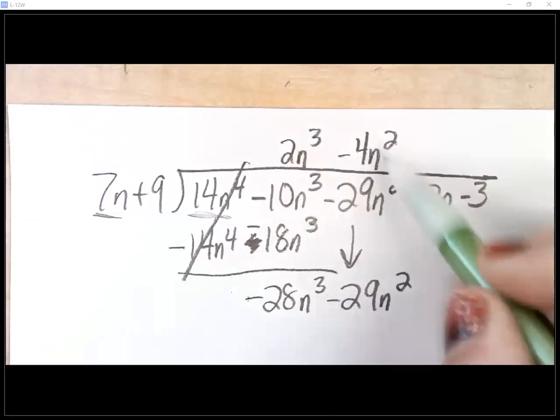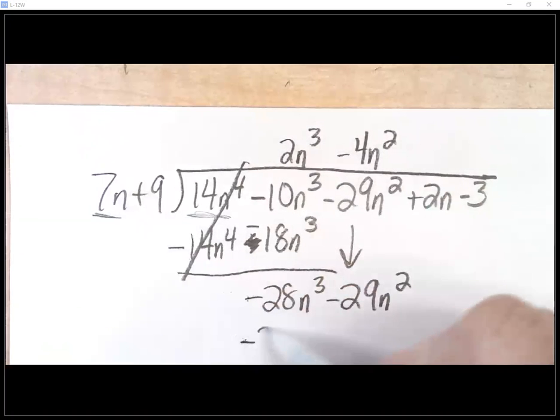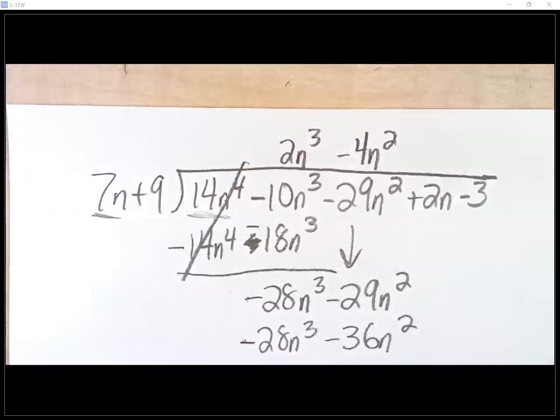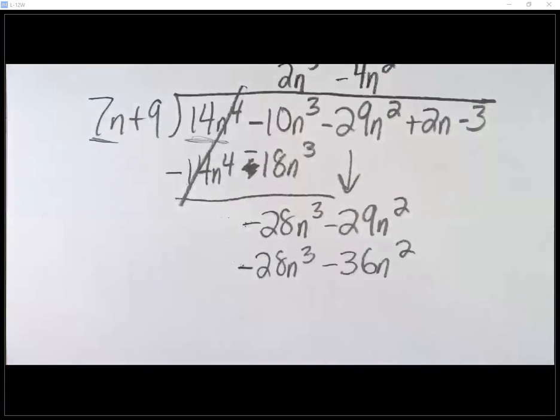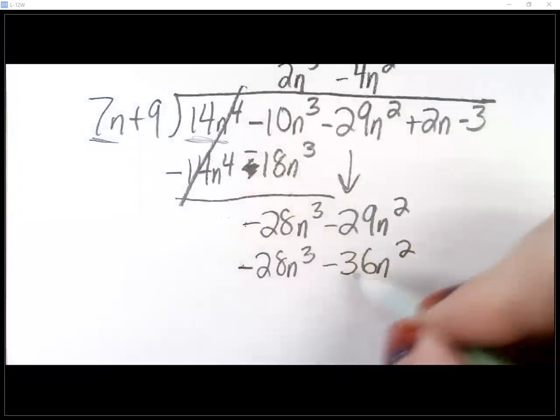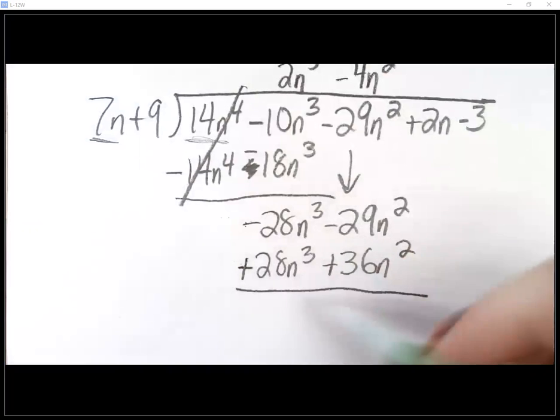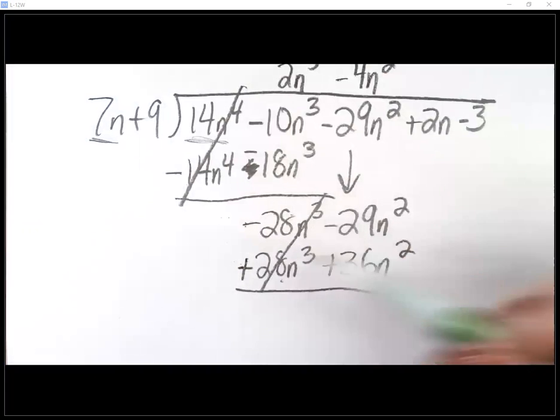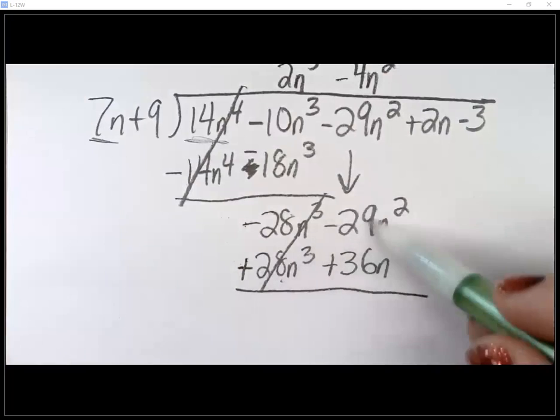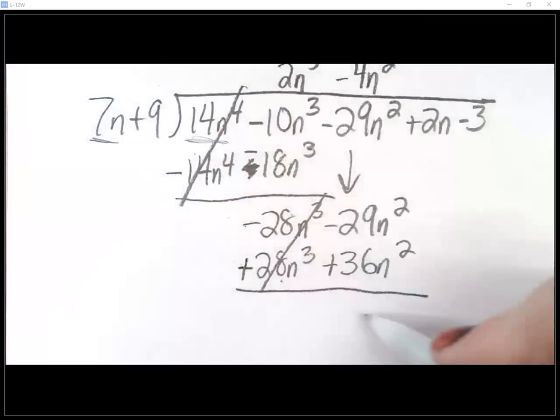Multiply to get negative 28n to the 3rd minus 36n squared. But then you subtract, so both of these, because they're negatives, now become pluses, because minus a negative is a plus. These cancel. A negative 29 and a positive 36 is 7, so I've got 7n squared.